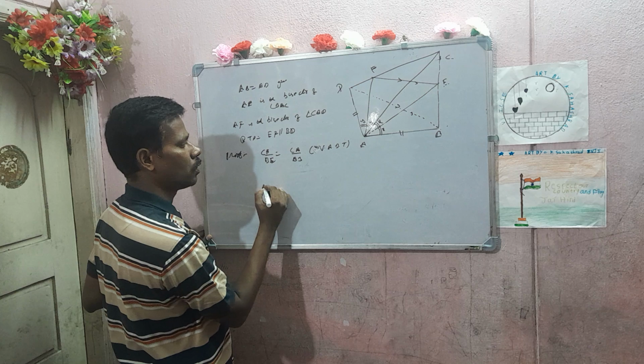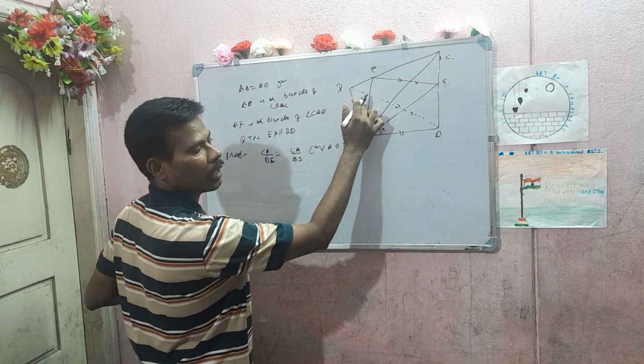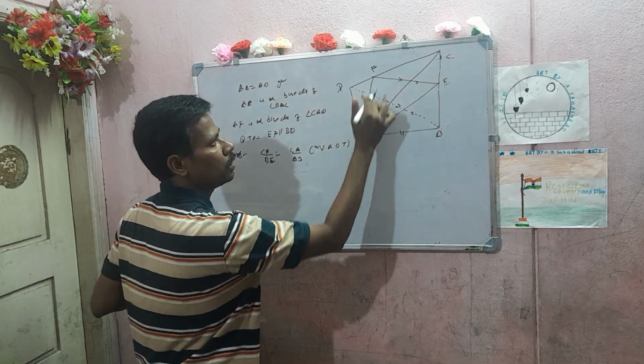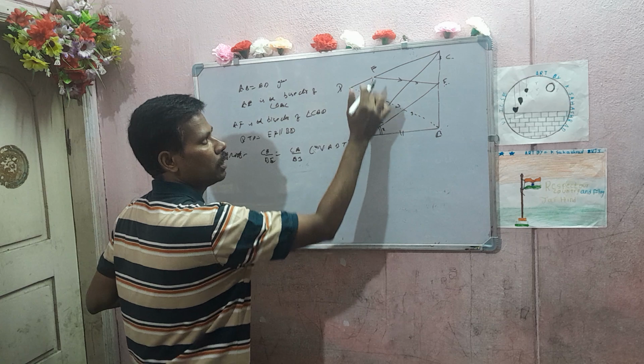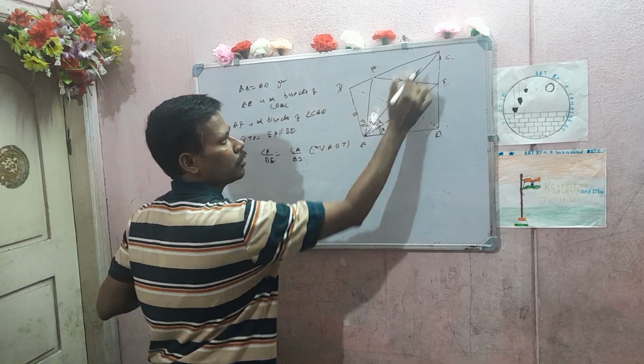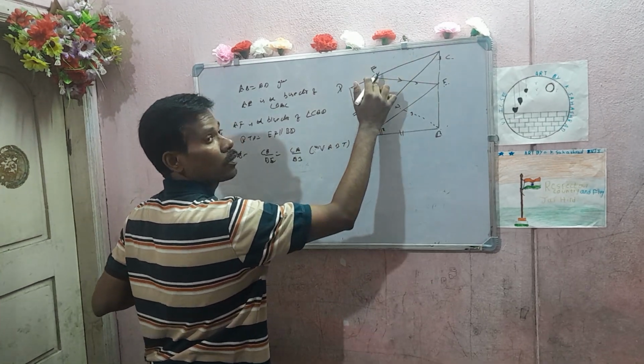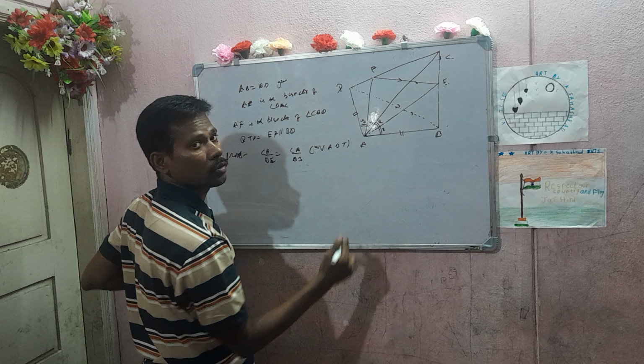Next, now consider this triangle. AEF is the bisector for this triangle. The bisector of the vertical angle divides the base in the ratio of the other two sides.